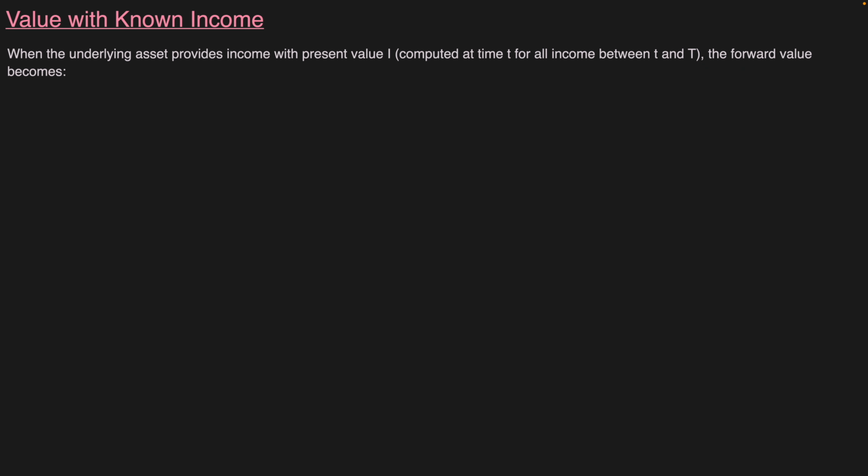So let us understand what will be the value of the contract when there is a known income. When the underlying asset provides income with present value I, which we have already calculated and explained, the forward value becomes f equal to (S_t minus I minus K) into e to the power of minus r into (T minus t). We are just adding this particular value, minus I, into the equation. That's all.